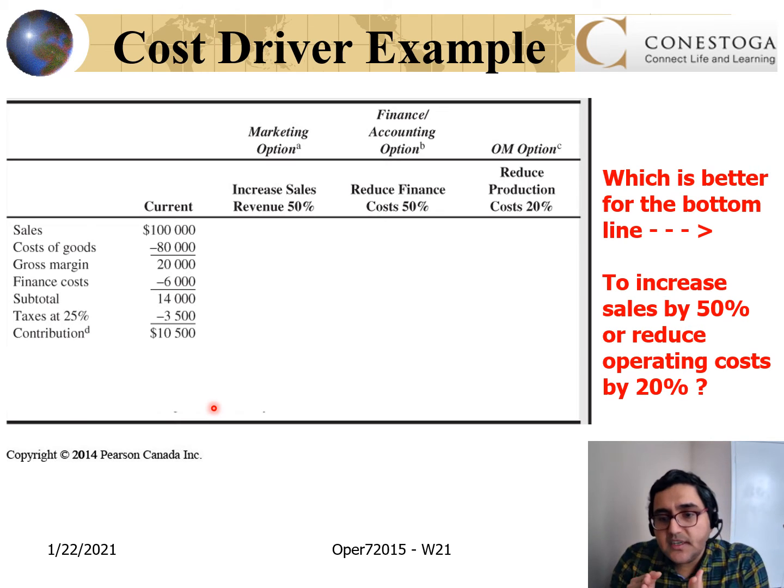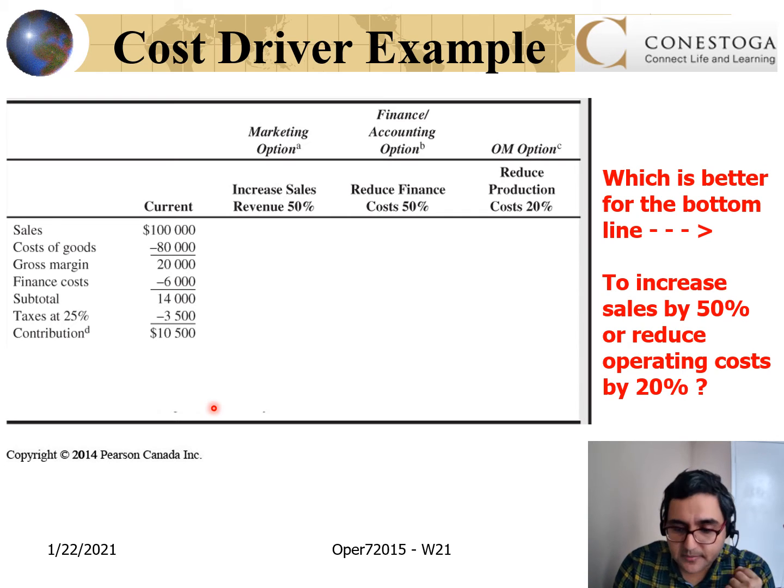Now we are trying to look at three different possible scenarios. In the first scenario, we are looking at it from a marketing perspective. I'm trying to increase my sales revenue by 50%. Let's see what's going to happen. Case 2 is from an accounting perspective.